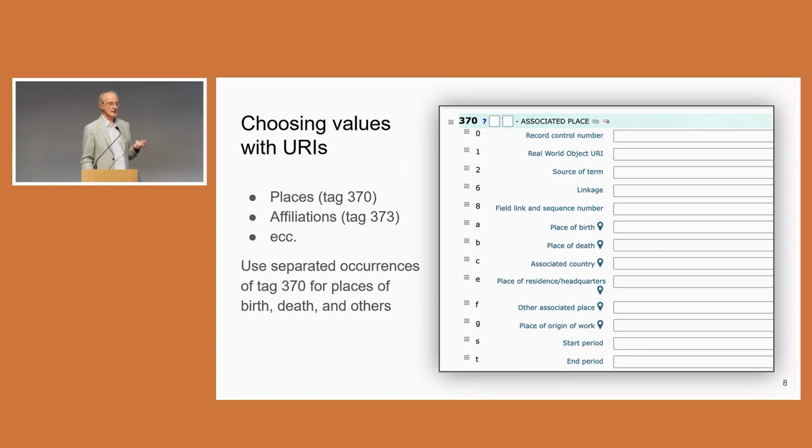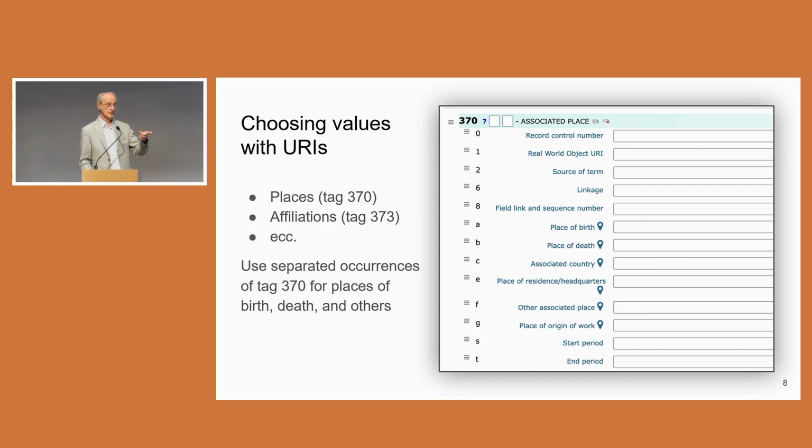Let's see an example of choosing values with URIs and using Wikidata to add this information to your authority records, in this case without having to fill more than one subfield. Okay, let's say, for instance, the place of birth.